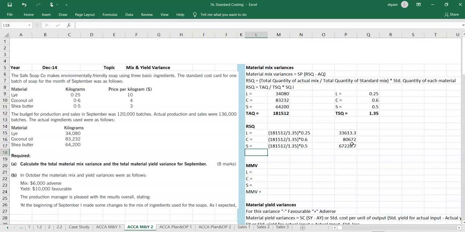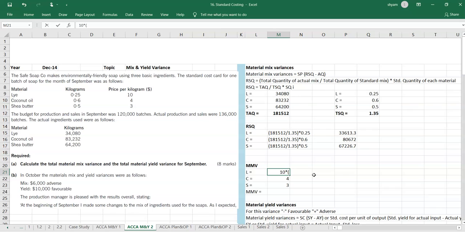Let's go to the next formula, which is SP. SP is 10 here, 4 and 3. Then SP into RSQ minus AQ.